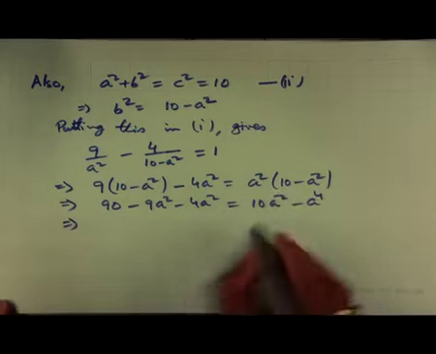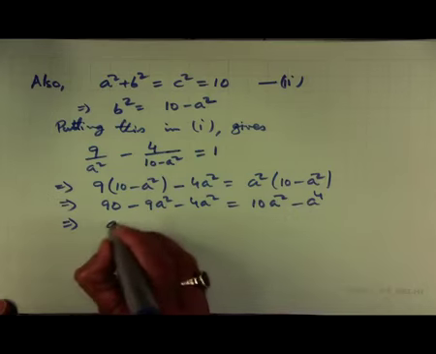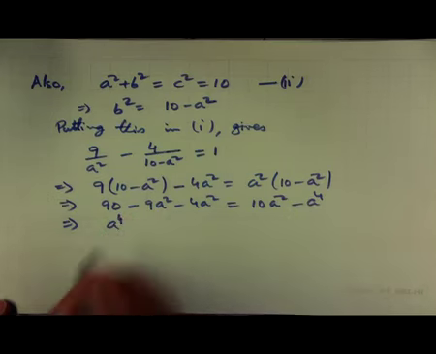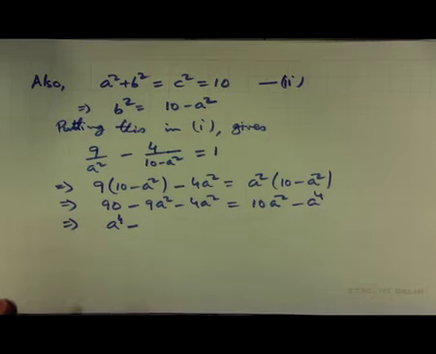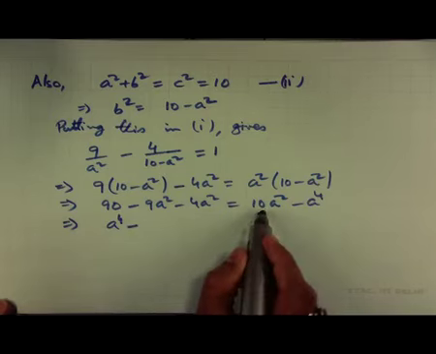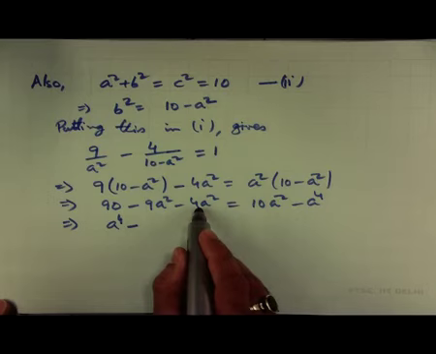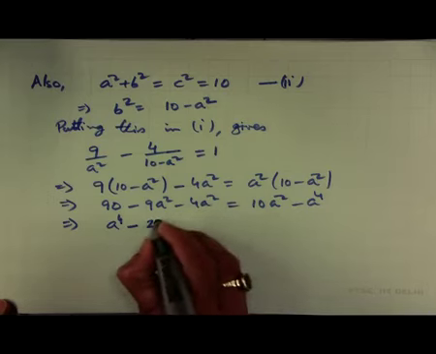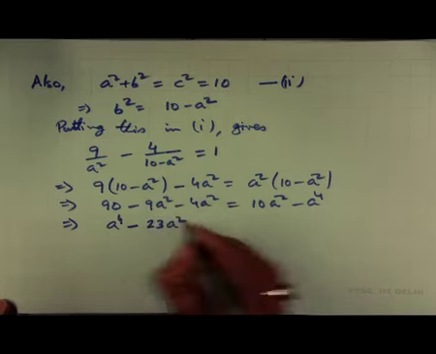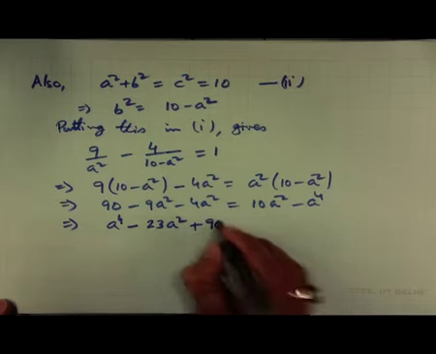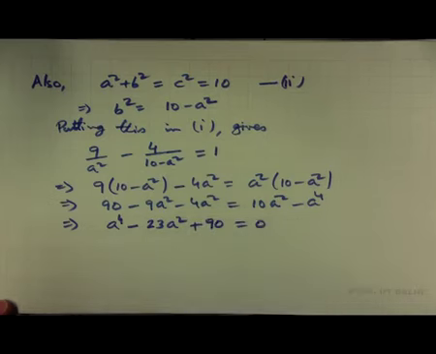This gives a quadratic in a square. So, this gives a to the 4 minus, we have 10 here and 9 plus 4 is 13, 23 a square plus 90 equal to 0.